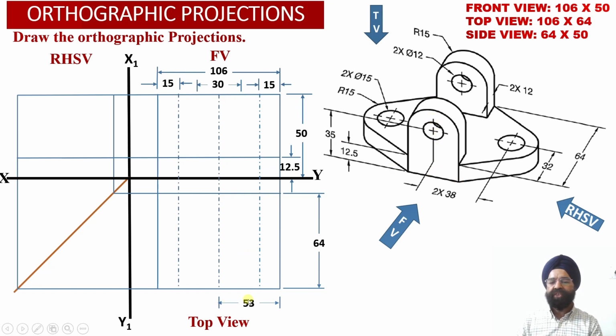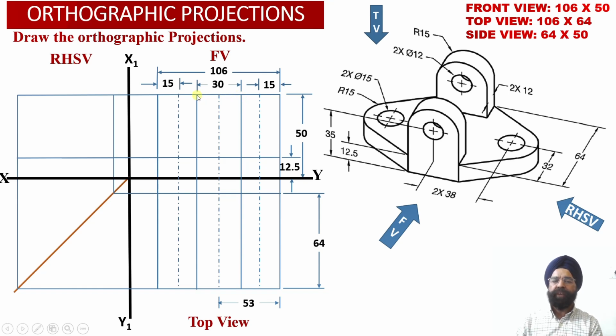From a distance of 53 millimeter from the right hand side face, now we have obtained the center point. Through this center point, 15 millimeter on either side, we have marked 2 points over here, so that the width of this web equal to 30 millimeter we have been able to obtain into the front view projections.